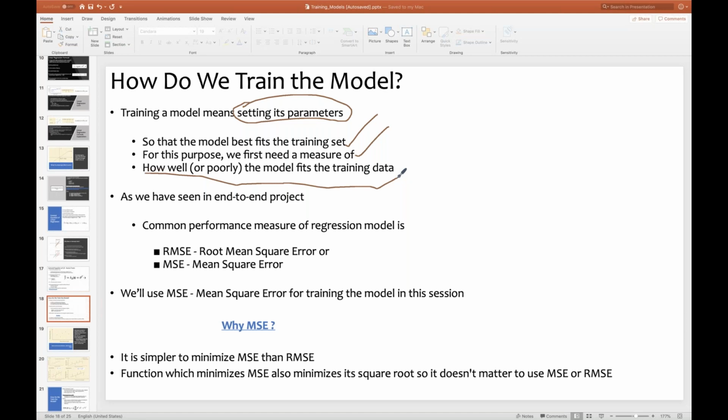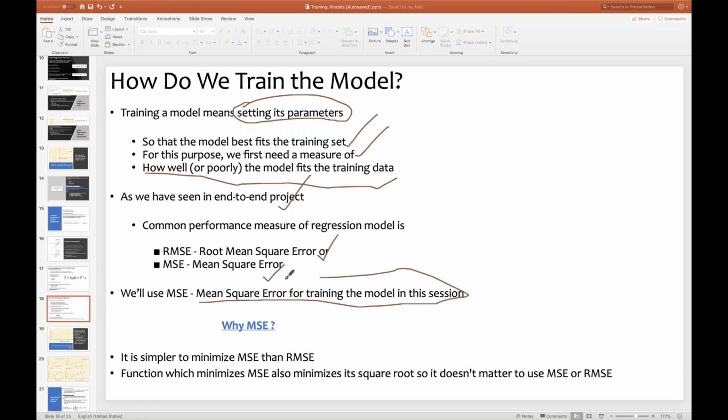Okay, now let's go back to what we have seen in the end-to-end project. In the end-to-end project, we understood about RMSE, which is called root mean square error, and we also understood about mean square error. Perfect. Now, here what I'm trying to tell you is that we are going to use mean square error for training the model in this section.